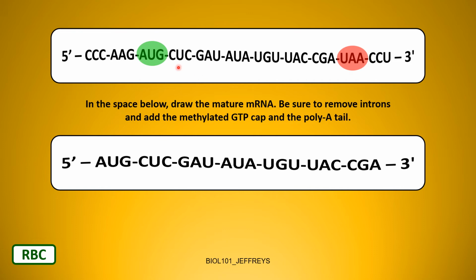Okay, there's AUG, CUC, GAU, AUA, UAC, CGA. Okay, no tricks here. Now, the other thing we have to do to process this, according to the instruction, we have to add the methylated GTP cap and the poly A tail, the 5' cap and the 3' tail.